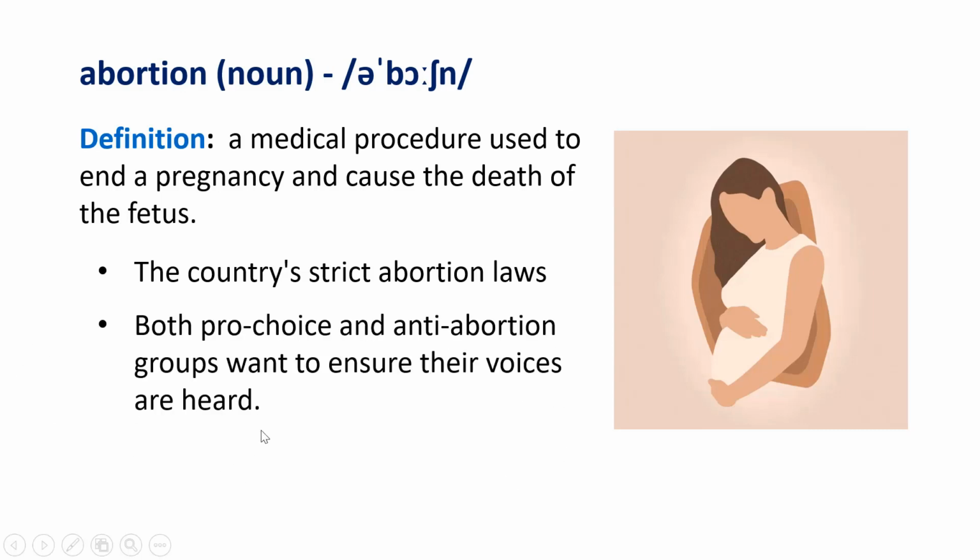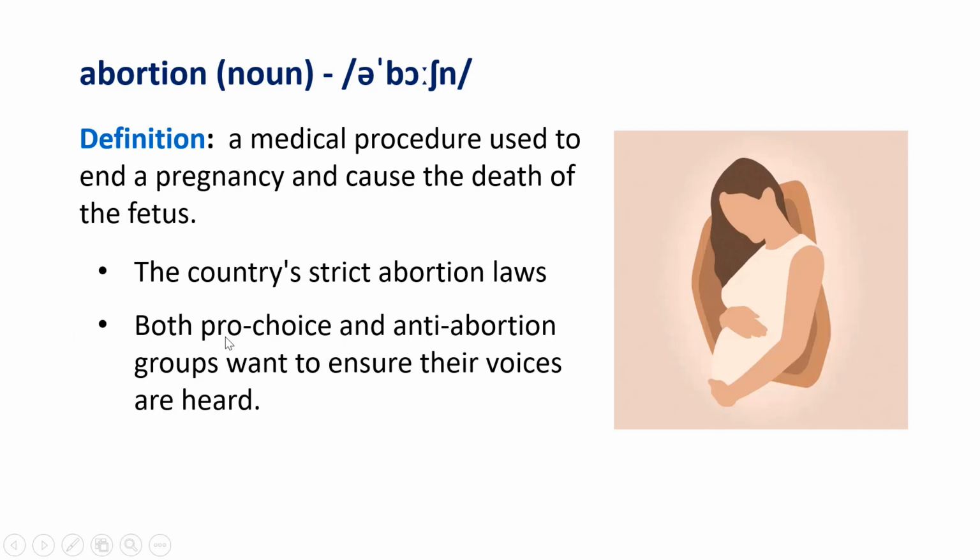Okay, and for the second example, how we use the word abortion: both pro-choice and anti-abortion groups want to ensure their voices are heard. In this sentence, firstly, we need to understand two phrases.